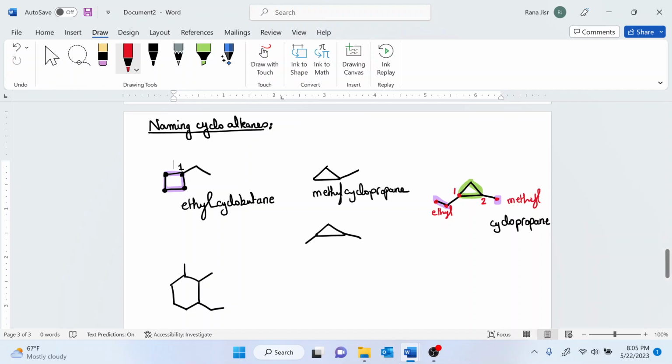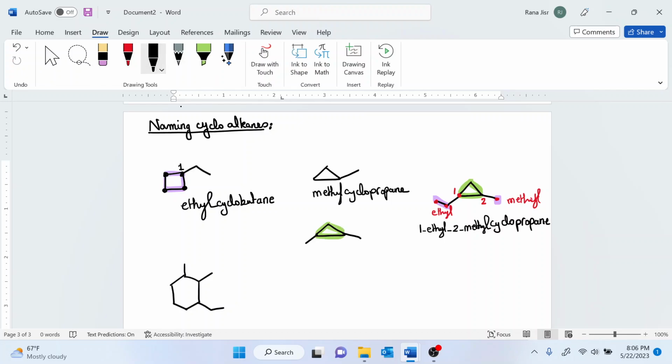So here it takes the lowest number and I arrange in alphabetical order. So the name is going to be 1-ethyl-2-methylcyclopropane. Here again, count the numbers of carbons in your cycle.